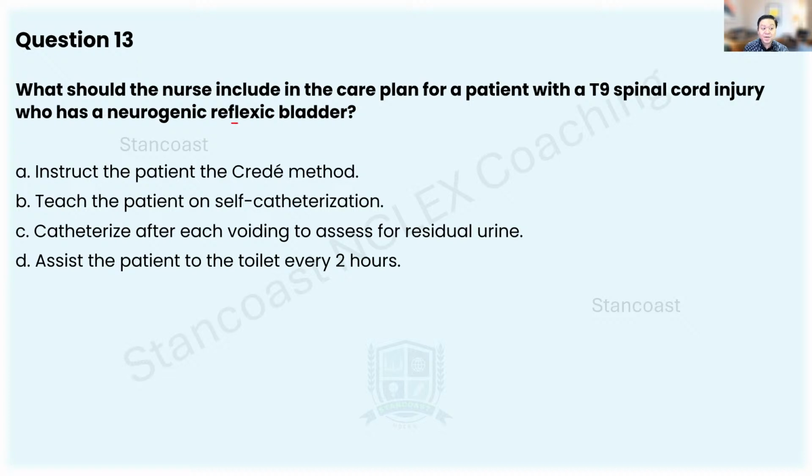Is it A, instruct the patient on the Crede method, or is it B, teach the patient on self-catheterization, or is it C, catheterize after each voiding to assess for residual urine, or D, assist the patient to the toilet every 2 hours. T9, spinal cord injury, neurogenic bladder. What would be appropriate this time? T9, spinal cord injury.